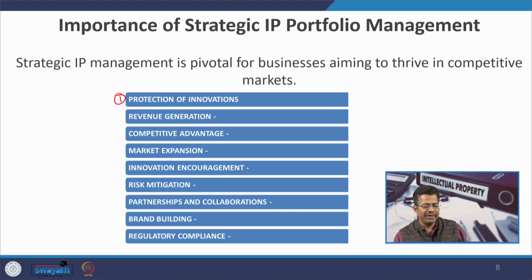Whether you have a well functioning intellectual property office in your country or not, if that office is not there, protection of innovation will not be possible. Not only protection, but enforcement is also possible only when you have a good, vibrant judiciary and other kind of regulatory environment.